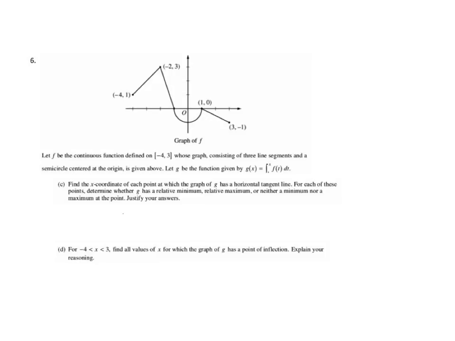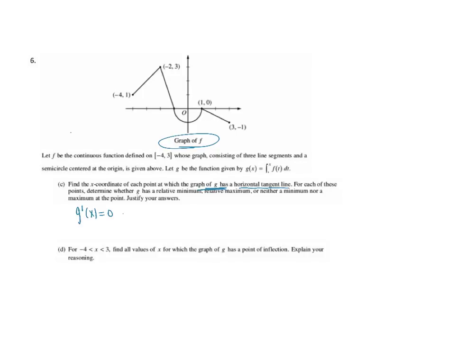All right, so for our next question, and this one really tripped up some folks, so let's be careful with it. It talks about for the x coordinates of each point that the graph of G, not the graph of F, but the graph of G has a horizontal tangent line. So I would stop there. If the graph of G has a horizontal tangent line, that tells me that G prime of x is going to be equal to 0.